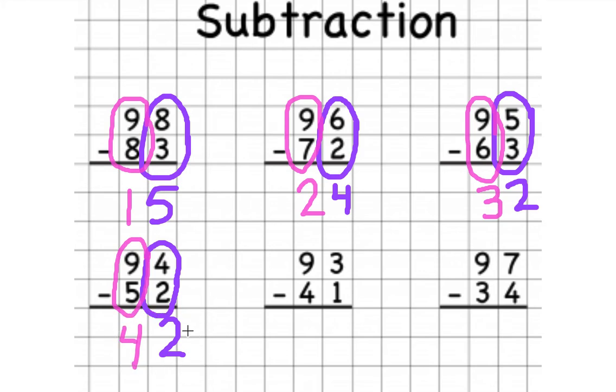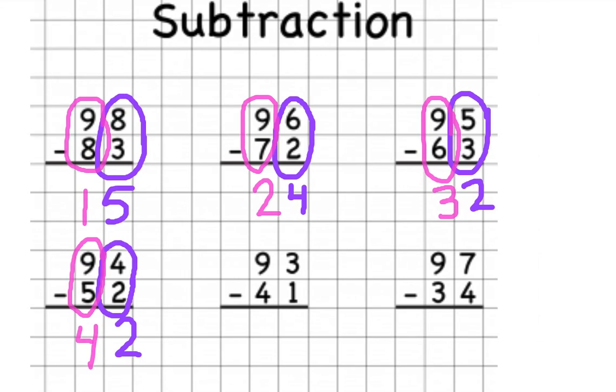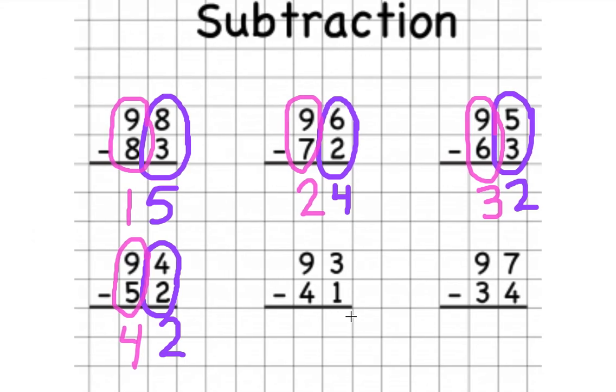My difference is 42. I'm going to grab my purple pen because I know for the next one, we're always starting with our ones. We always start with the ones place. 3 minus 1. 3 minus 1 is 2.